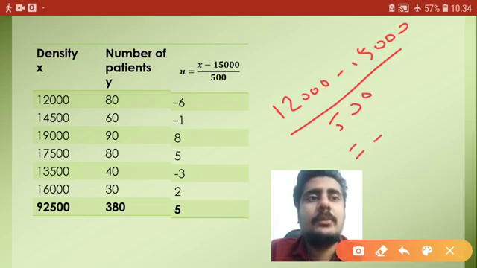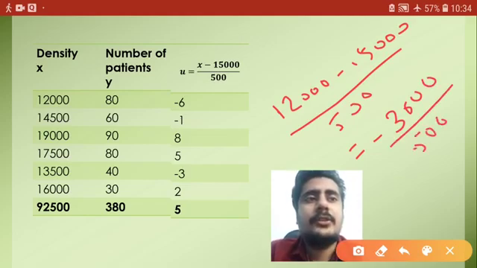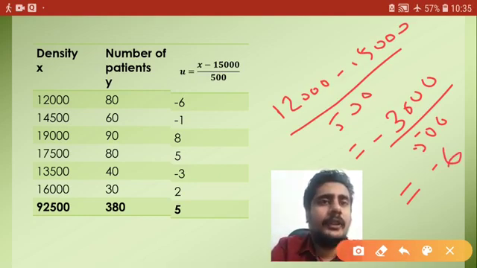Now 12,000 minus 15,000 is minus 3,000, upon 500. If you solve this, it will become minus 6. So you can see u is equal to minus 6.